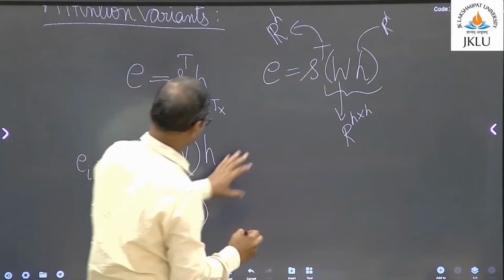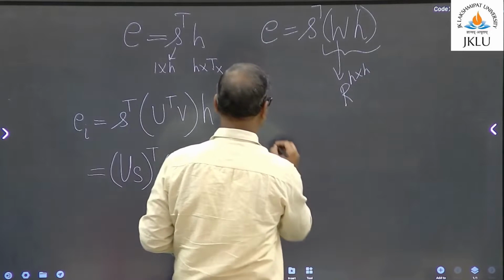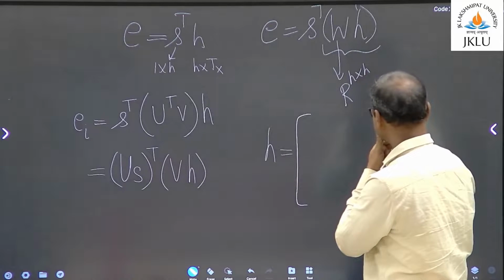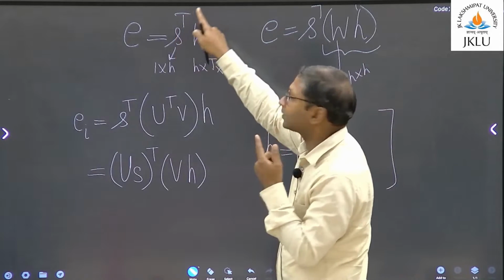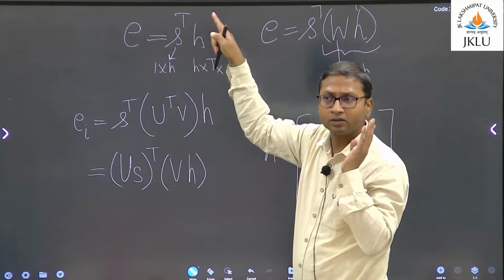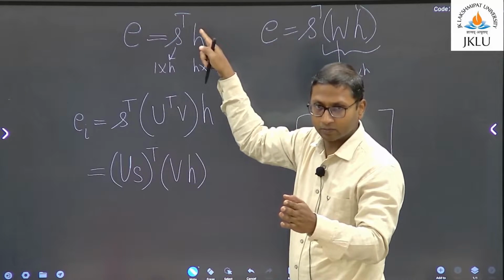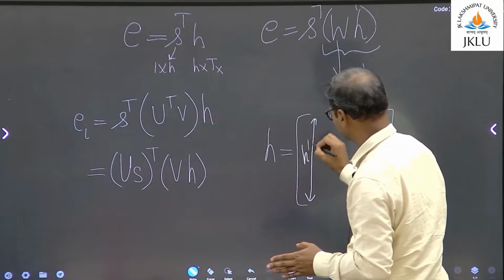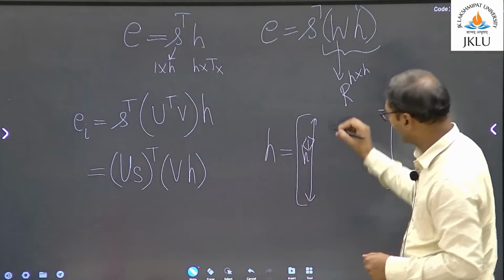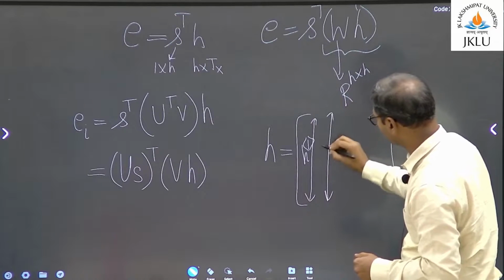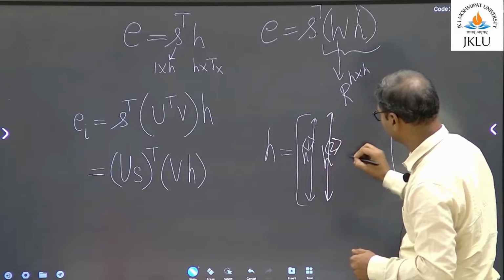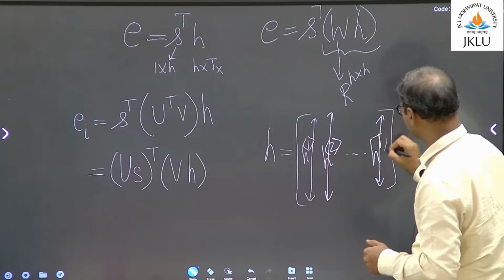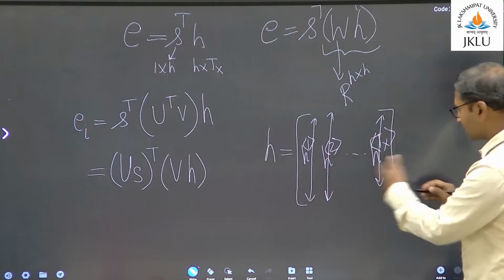S_t will get multiplied with h_1, so this is my h_1, and then I have h_2, all the way until h_Tx.